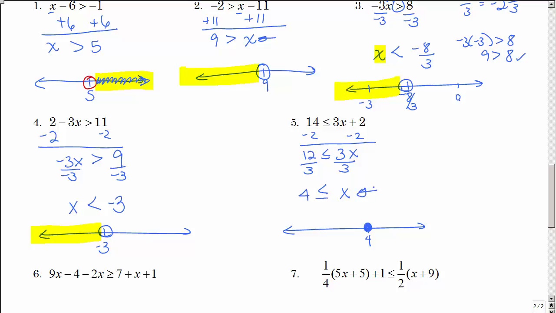Read it from x. X is greater than 4. And again, if you're not real sure, pick some numbers, 5, 6, and come back here and plug it in and see if you get a true statement. So if I plugged in 5, you can see that that would be true. But if you shaded over here, like for 3 or 2 or 1 or 0 and plugged it in, you would get a false statement. So just another good way to check.